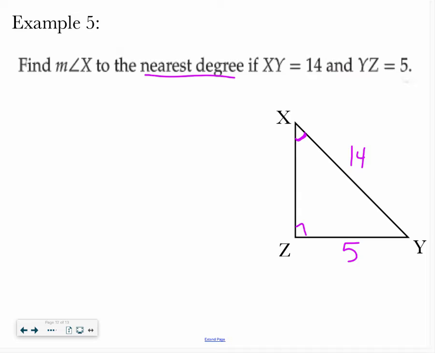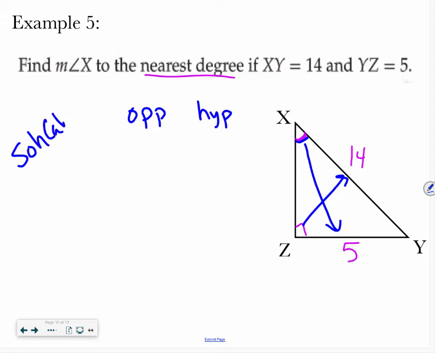Alright, so I have this angle, and if I look at this angle, I have the opposite, and I have the hypotenuse. So if I look at my SOHCAHTOA, opposite and hypotenuse are sine. So I'm going to say sine, we don't know what this angle measure is yet, so I'm going to use x equals my opposite, which is 5, over my hypotenuse.